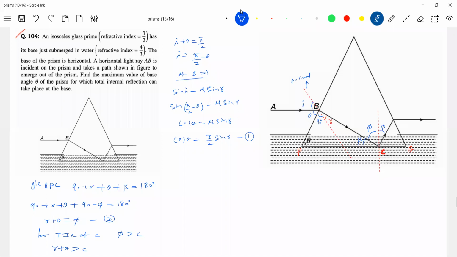Let me take sine on both sides: sine r cos theta plus cos r sine theta is greater than sine of the critical angle. Shall I say mu of water by mu of glass?